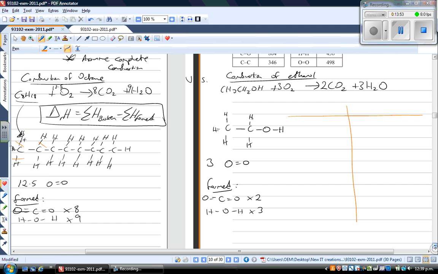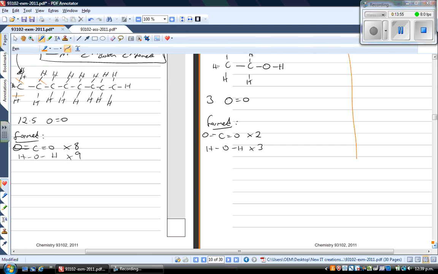Okay, so for our octane, the enthalpy for this reaction is going to be equal to the sum of our carbon-carbon bonds, which, if you add them all up, there are 1, 2, 3, 4, 5, 6, 7 of those broken, plus the carbon-hydrogen bonds, which, if you add all these up, you have 18 in total, plus your 12.5 times the oxygen double bond.